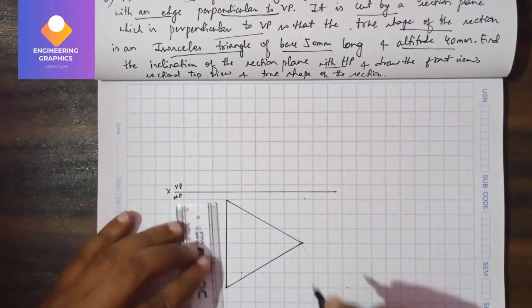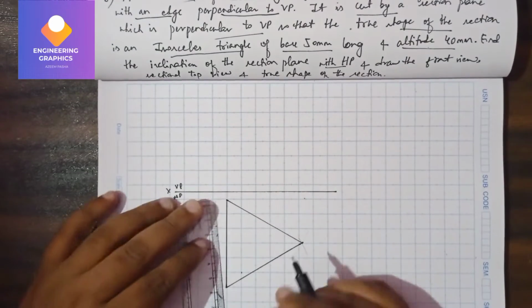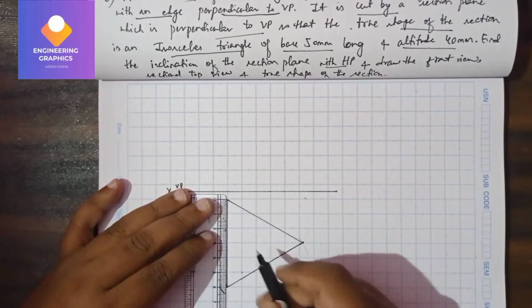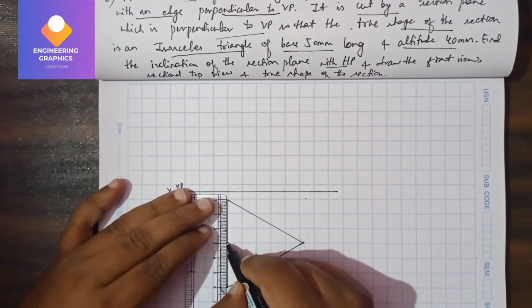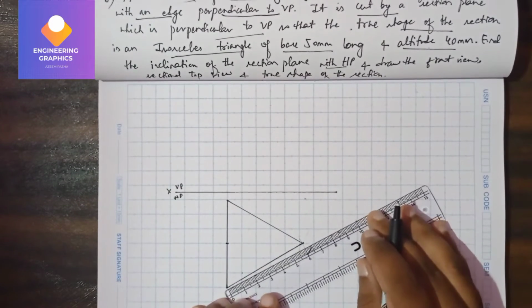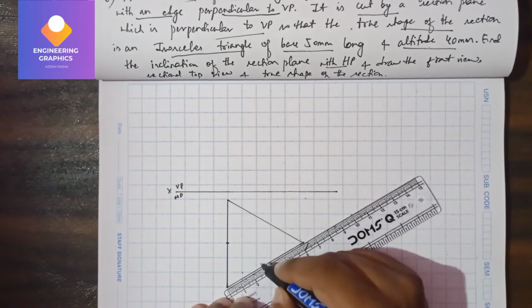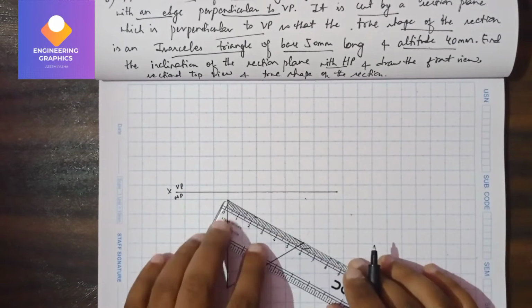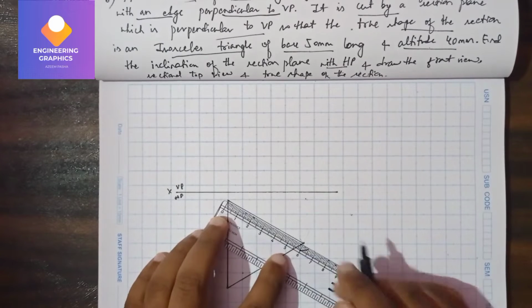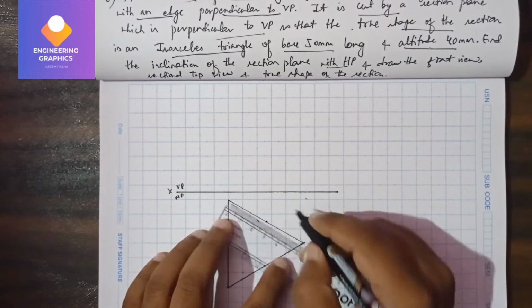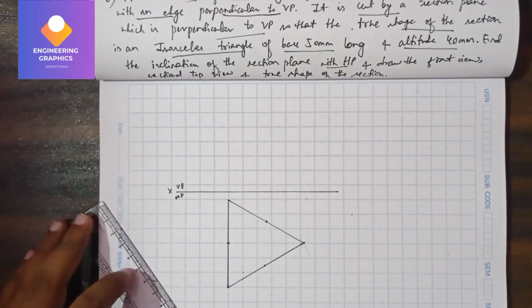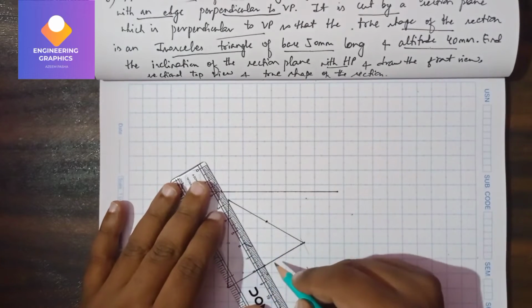Okay, so mark the midpoint, because it is a tetrahedron, it is a pyramid. So it's 60, means 30. We have to mark exactly the midpoint. So now draw 3 median lines here.